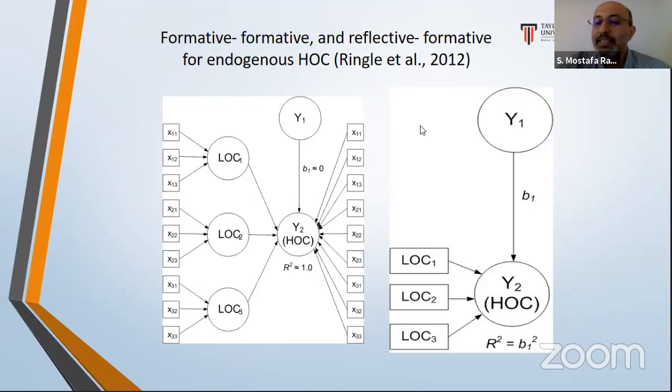So the repeated indicator approach has a lot of limitations. Recent literature doesn't suggest using repeated indicators. If we want to use them, we need to be careful and consider some steps when we apply it.